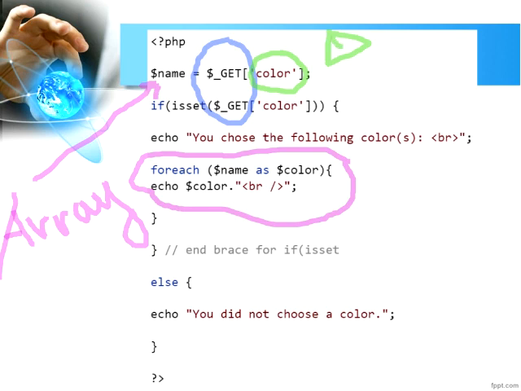So here, your attention please. When we use color, we don't write color like this. So this symbol will be deleted in PHP code. Just color. It's clear, Mr. Ayman?